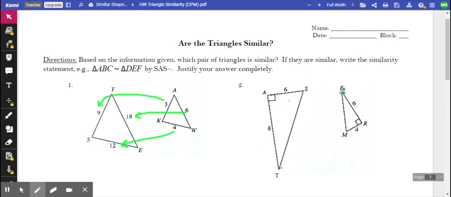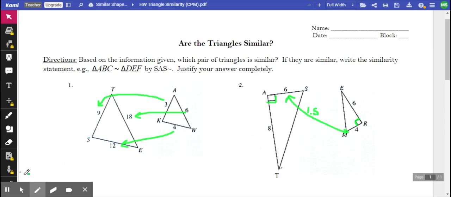So in this next pair of triangles, we have a 90-degree angle in both of these. So that's already a good instance that we can look for. So otherwise, if we're looking at some of these shape or sizes of the shape, from 4 to 6, that is multiplying by 1.5.